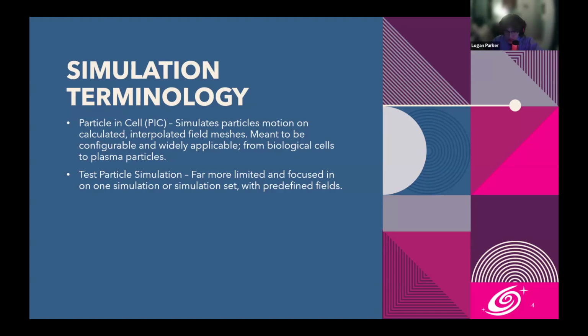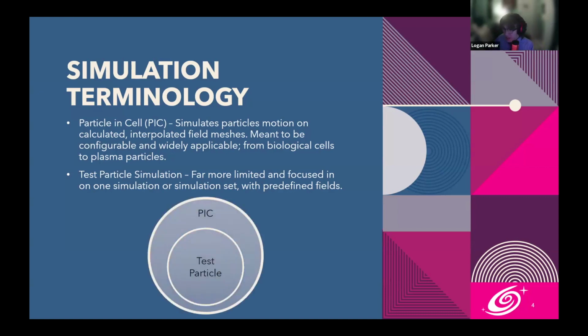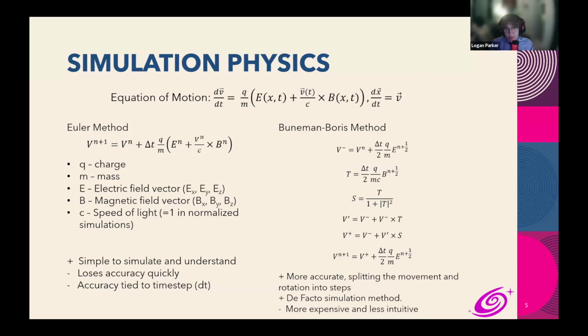They're more refined and focused on a single task, but don't do as much. We found it was far simpler to make our own test particle simulations than to learn a pre-existing particle-in-cell simulation. You could think of test particle as a subset of a particle-in-cell simulator.